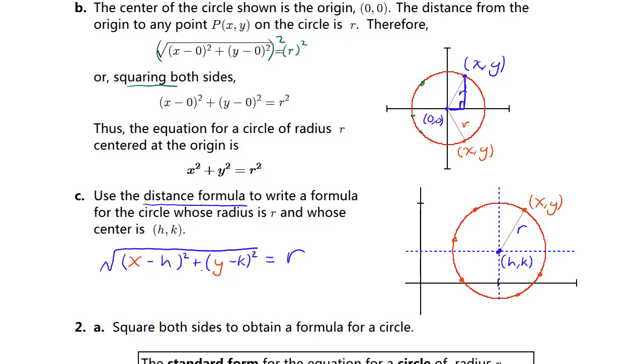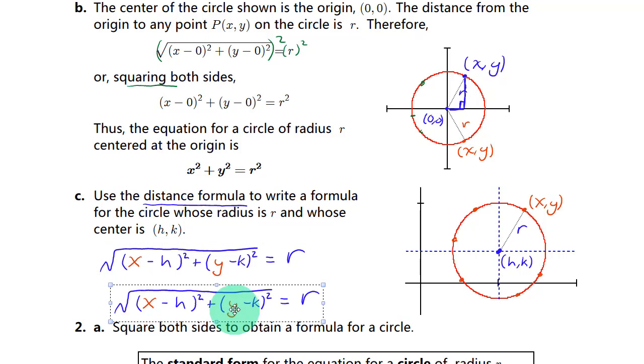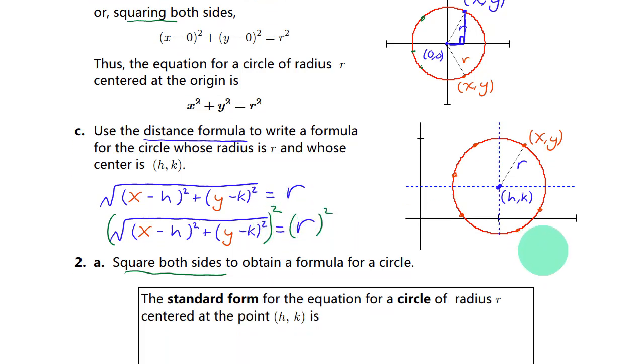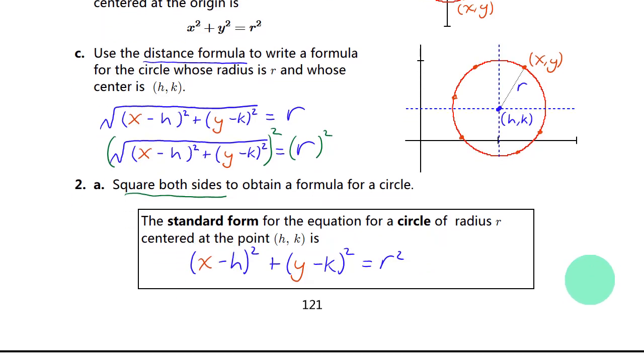The standard way to deal with this is to take this and square both sides, to cancel out the square root. And that's going to leave you with x minus h squared plus y minus k squared equals r squared. And this is true for any x, y point on the circle.